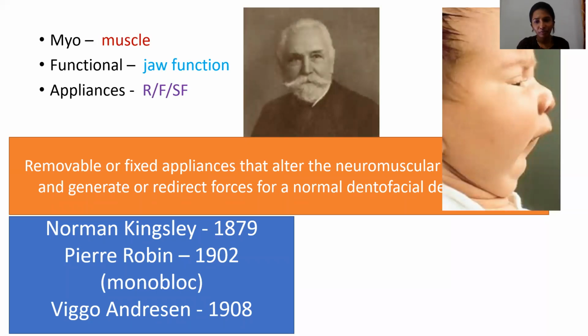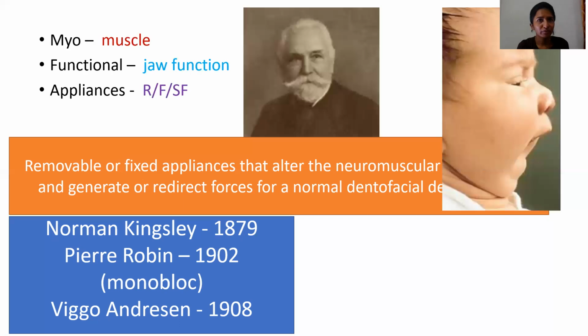By bringing the mandible forward, the airway obstruction can be relieved. Whenever a patient has a severe mandibular deficiency, there is every chance for airway or respiratory obstruction. So to give the patient relief from that, this monoblock appliance was given. I think you all must be aware of what Pierre Robin syndrome is.